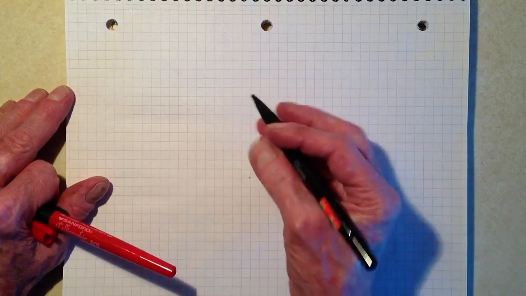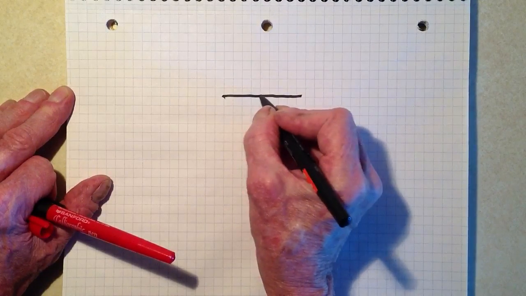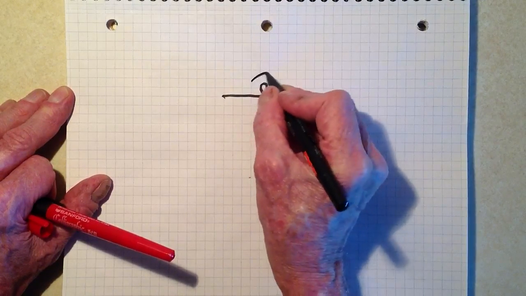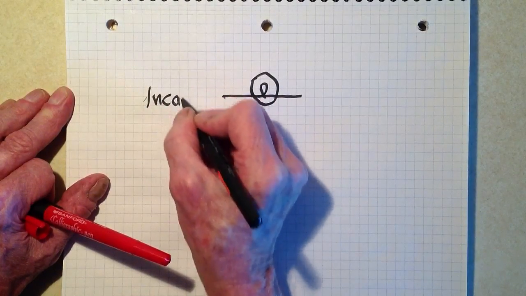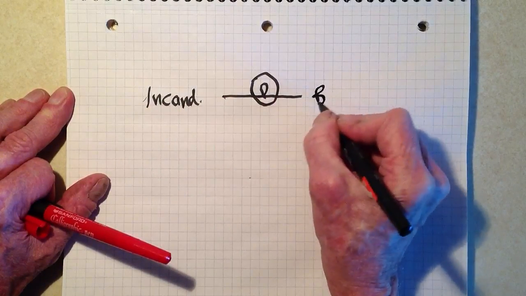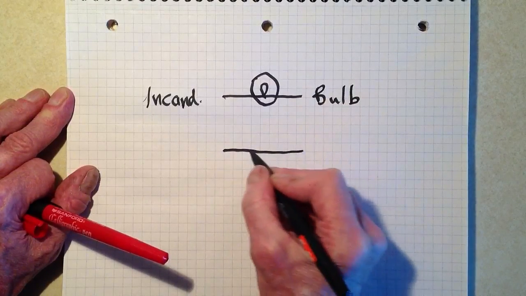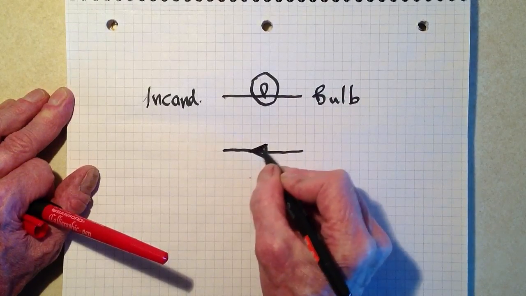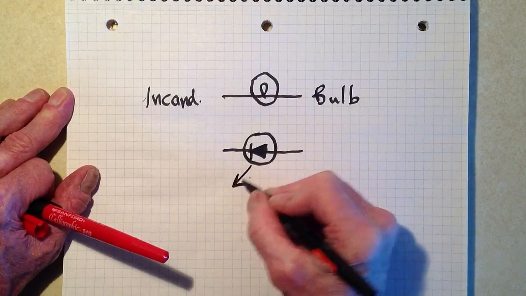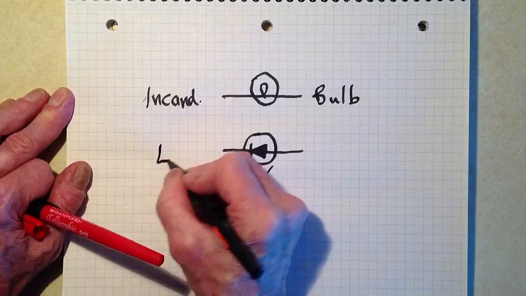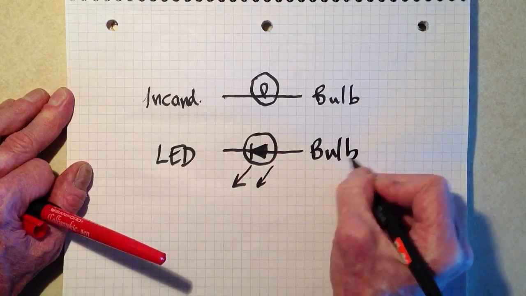Others that you may see: an incandescent bulb looks something like this. Whereas a light-emitting diode bulb would look something like that.